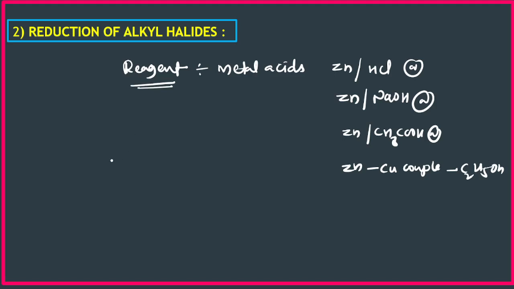This is the reagent used for the conversion of alkyl halide to alkane. Generally, alkyl halide in the presence of a reagent like zinc and H plus is converted to alkane.